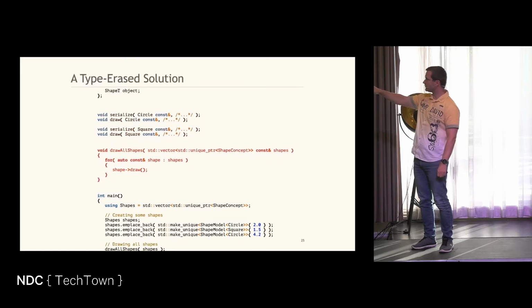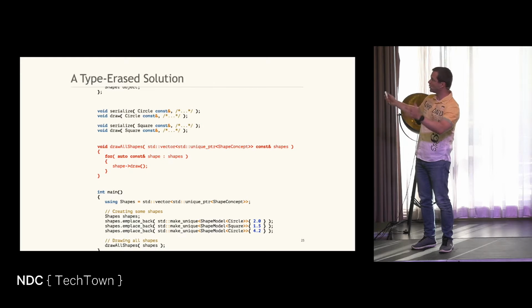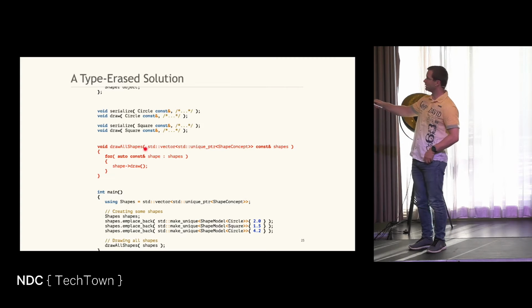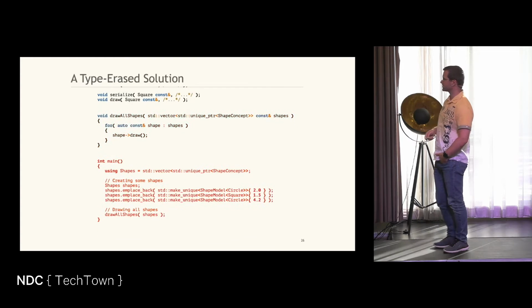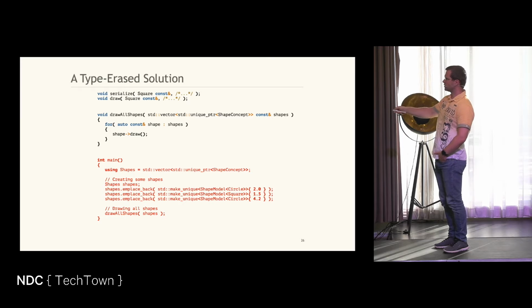All right, then there is one function that goes over all possible shapes, shape concepts. Remember, that's the base class that contains all kinds of shape. I call the according draw function, and that will trigger either, of course, draw circle or draw square. The only thing left is to actually set something up that works. So I shorten the type a little bit. I have a vector of unique pointers of shape concept, and I'm creating the according shapes.